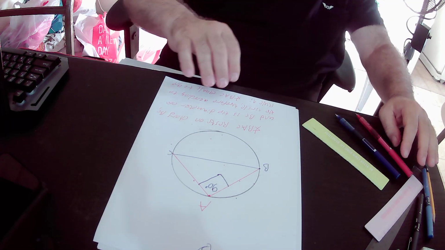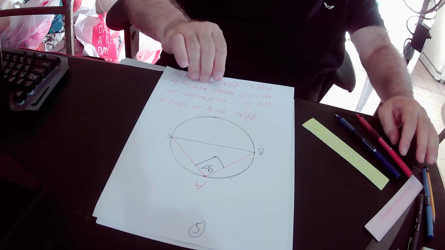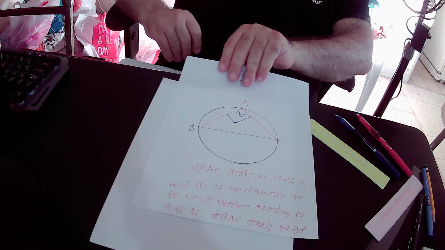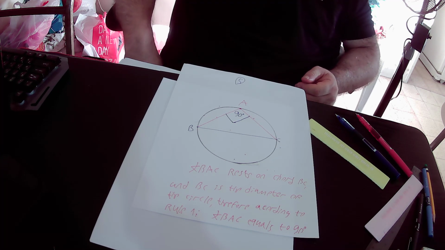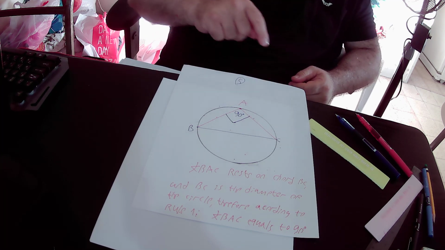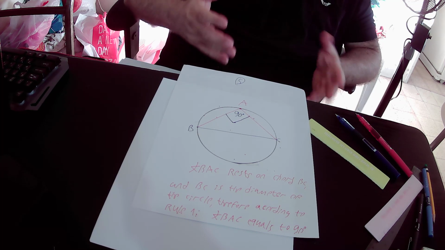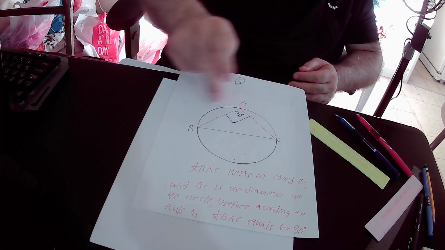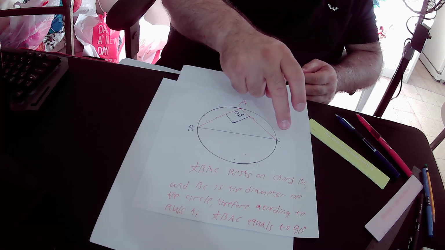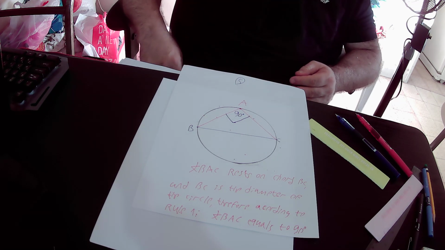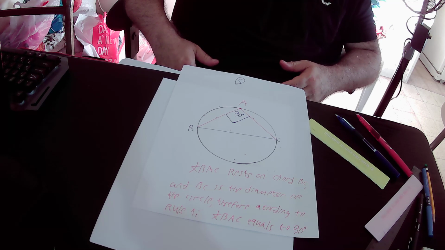So I'll read again the things that I wrote. Angle BAC, that is the peripheral angle, rests on chord BC. As you can see, angle BAC rests on chord BC, and chord BC is the diameter of the circle.